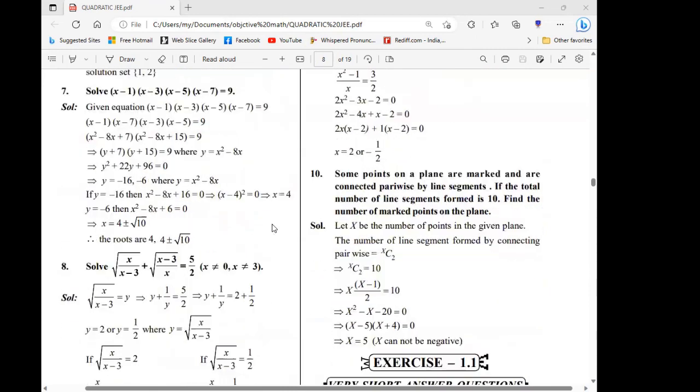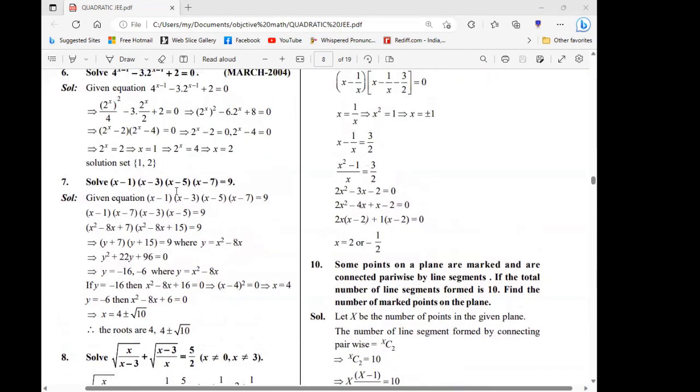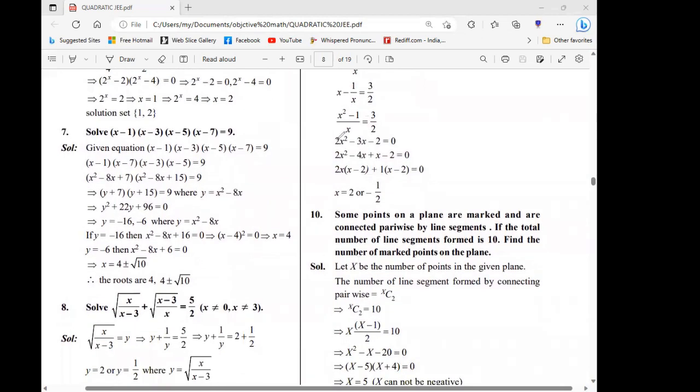Okay. Look at this type. The shortcut was the numbers. Look at the numbers 3 and 5. Minus 3 minus 5, how much? Minus 8. 1 minus 1 and minus 7, how much? Minus 8. In that way only you have to consider the factors together.